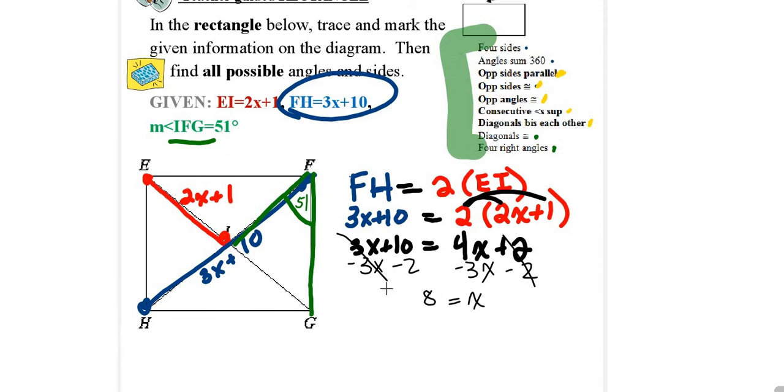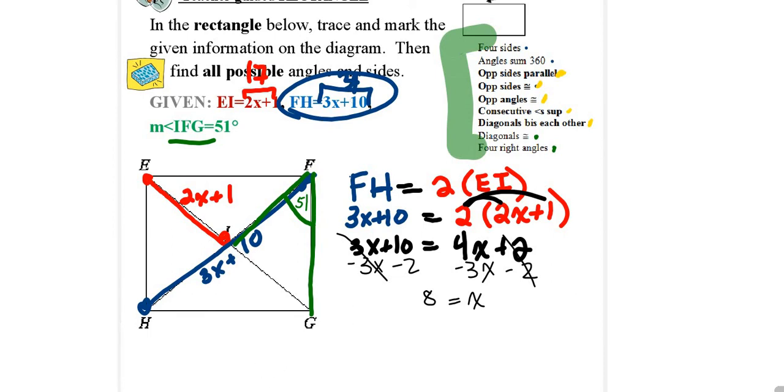Now, it's important to actually check your work and see if you're correct. So if we're saying x is 8, let's check here. E to I, that's going to make that 2 times 8, which is 16, plus 1, that makes E to I 17. Let's check over here. It says that 3 times 8 is 24, plus 10 is 34.